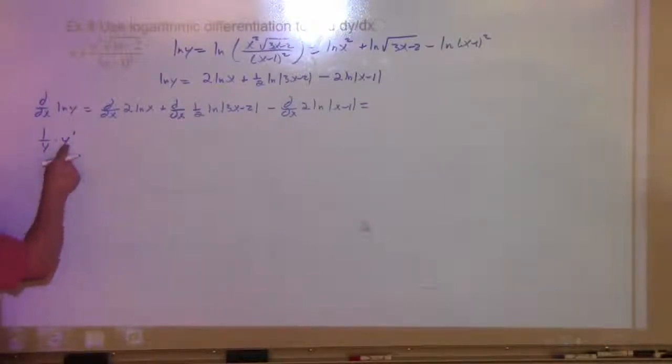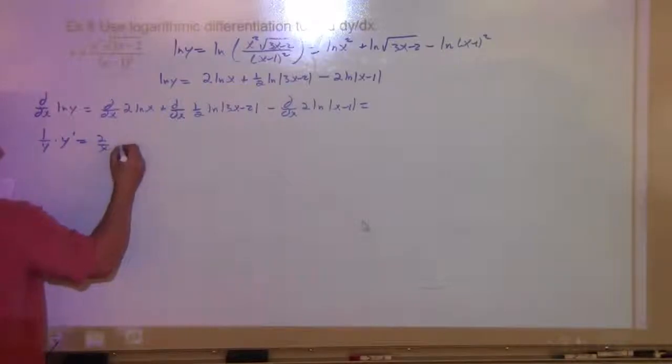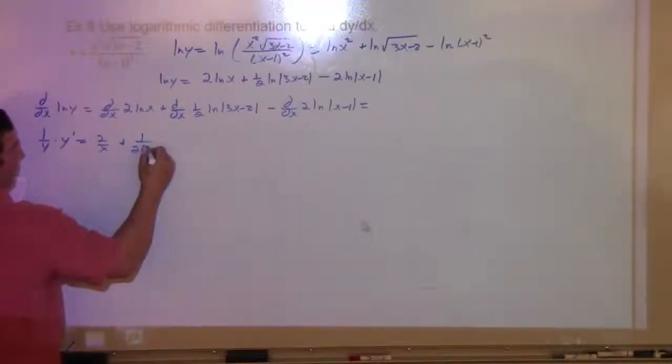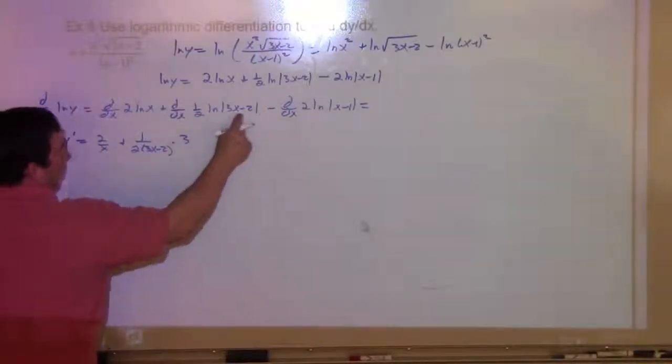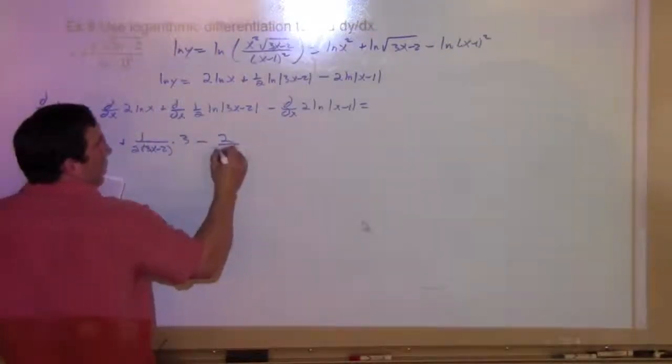Y prime is our dy/dx, which equals 2 over x plus 1 over 2 times 3x minus 2 times 3, that's the derivative of what's inside, minus 2 over x minus 1.